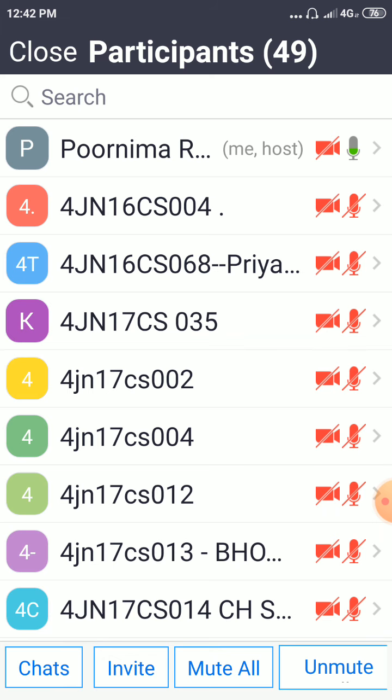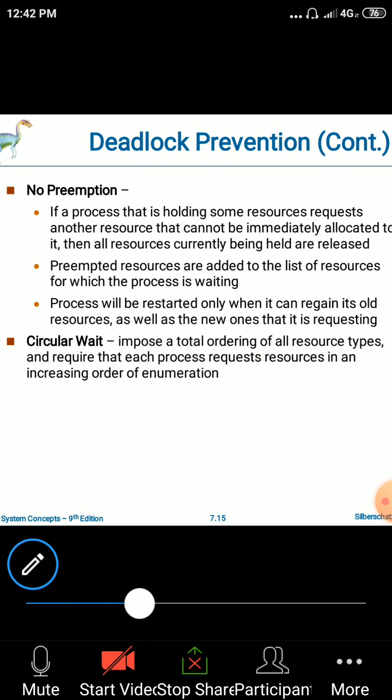The last one is circular wait. So the first one is mutual exclusion, the second is hold and wait, the third is no preemption, and the fourth is circular wait. In the last class I explained what circular wait is. Consider three processes P1, P2, P3 and three resources R1, R2 and R3.